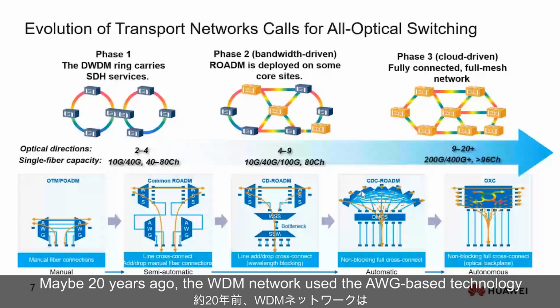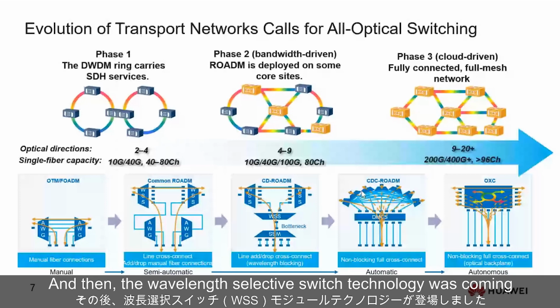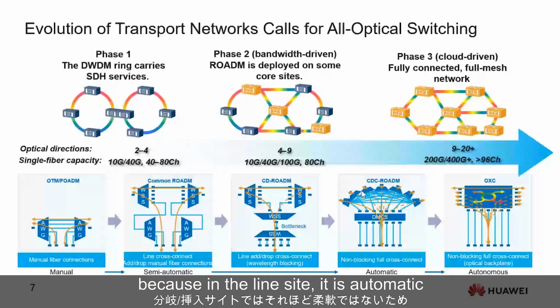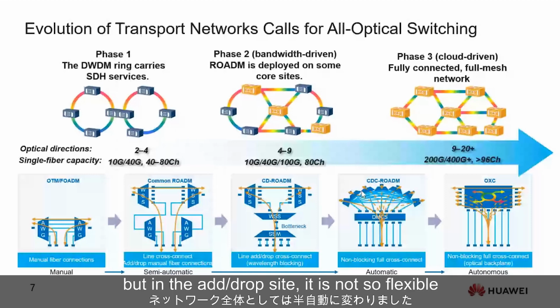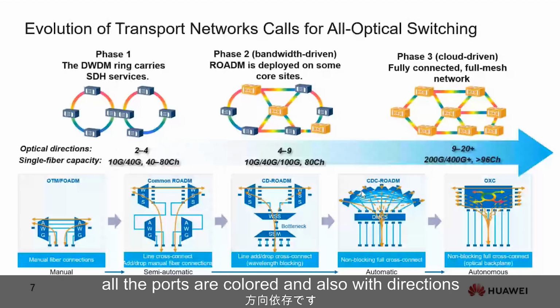Maybe 20 years ago, the WDM network used AWG based technology, which could only connect 1 or 2 degrees, and manually. Then wavelength selective switch technology came, but this only changed the network to what we call semi-automatic, because the line side is automatic but the add/drop side is not so flexible. What I mean is that because we use AWG, all the ports are colored and also directioned.